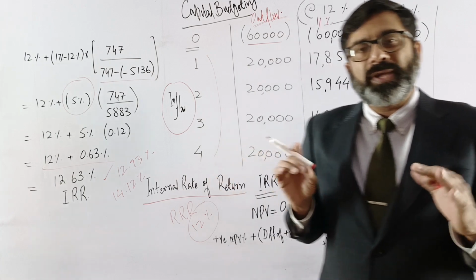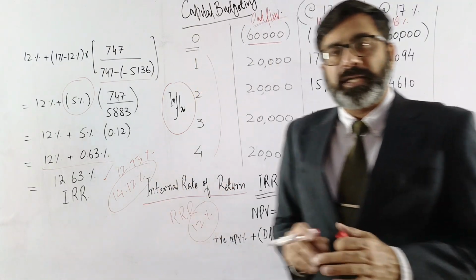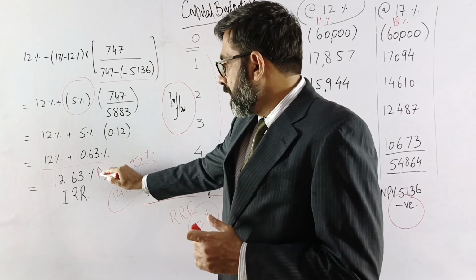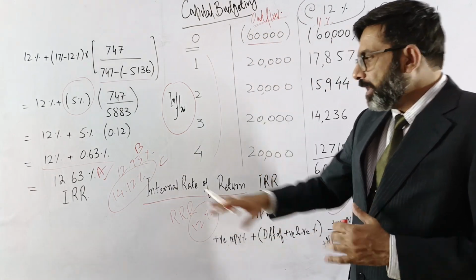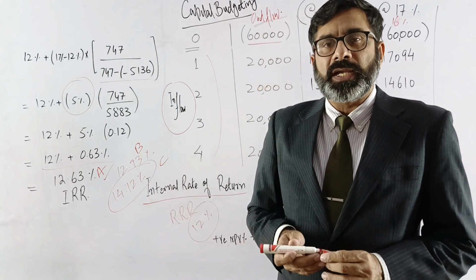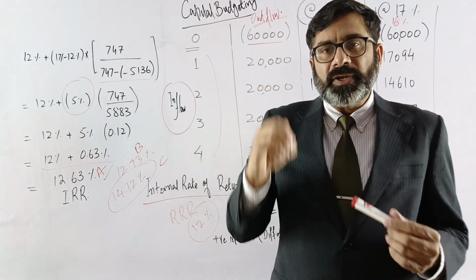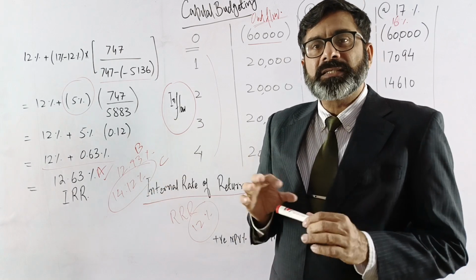So we have to select the option which has the maximum internal rate of return. For example, it is A, B, and C. We have to go forward with the 14.12%, because this project, machine, investment or capital budgeting project is giving us the maximum return.